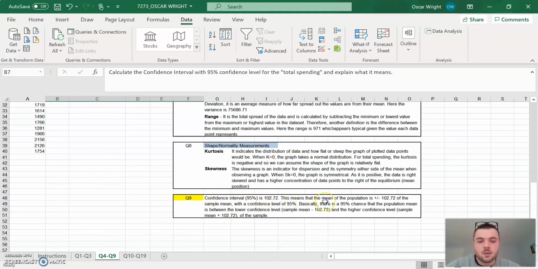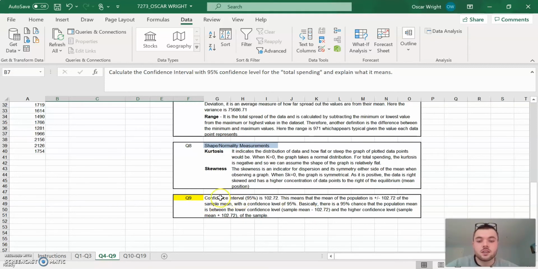But what this means is that the mean of the population is plus or minus this number, 102.73, from the sample mean, with a confidence level of 95%. So, in essence, there is a 95% chance that the population mean is between the lower confidence level, which is the sample mean minus 102.73, and the higher confidence level, which is the sample mean plus 102.73.